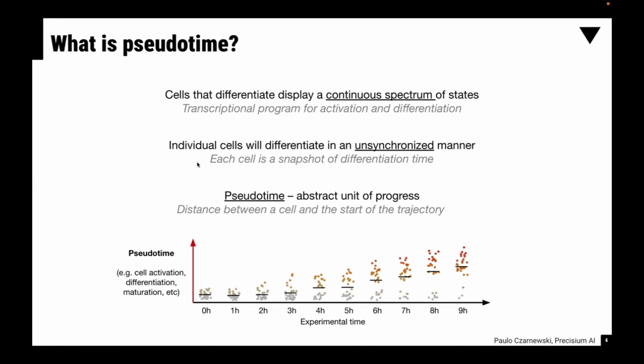Also keep in mind that when cells are differentiating, as we can see here, they are usually all independent of each other. So even at the latest time point, the most differentiated time point, not all cells will be differentiated. And that is actually what you will see in single cell data analysis. So there will be some biases based on where each cell is.